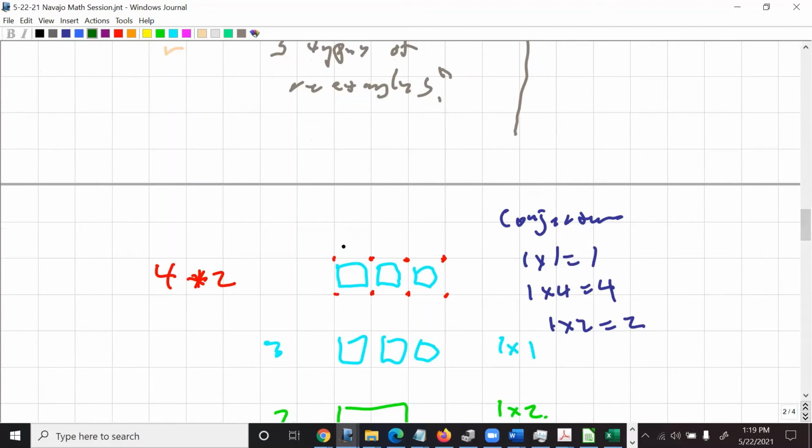I slightly drew it a little differently here. Maybe I'll draw it like this to try to be more specific for my blue rectangle. I drew them small because I didn't want to mess up the picture. See what I'm doing there with that 1 by 1 square? Or here I'll draw a 2 by 1. So what am I doing with those rectangles?